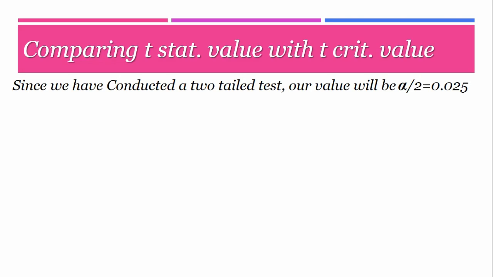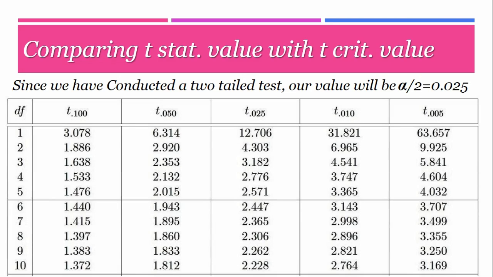Now 0.025 becomes our alpha, the significance value, and our degree of freedom is 10 minus 1 equal to 9. So this is the statistical table of t. At degree of freedom 9 and significance value 0.025, the critical value in this table is 2.262.